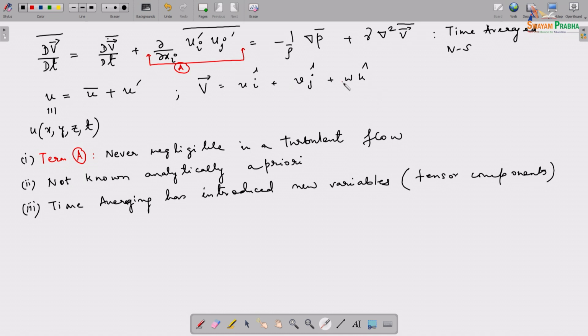If I incorporate that into this equation, I end up having tensor components of this new term that I've come up with, and that is when I'm just considering a single unidirectional velocity. I'm not even considering v and w. This is only in the x direction.